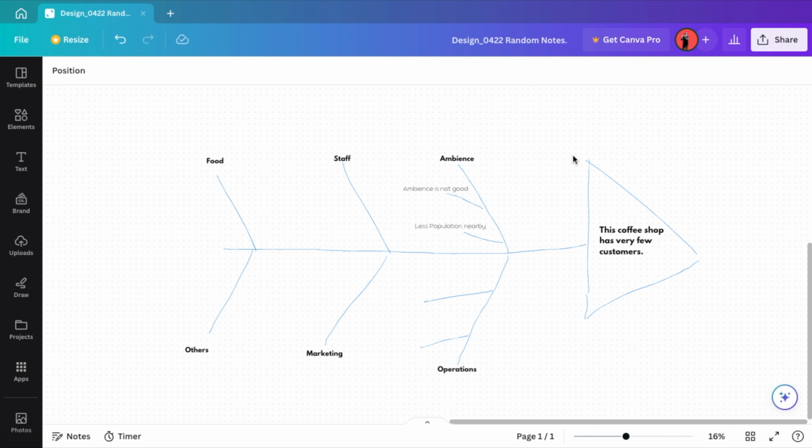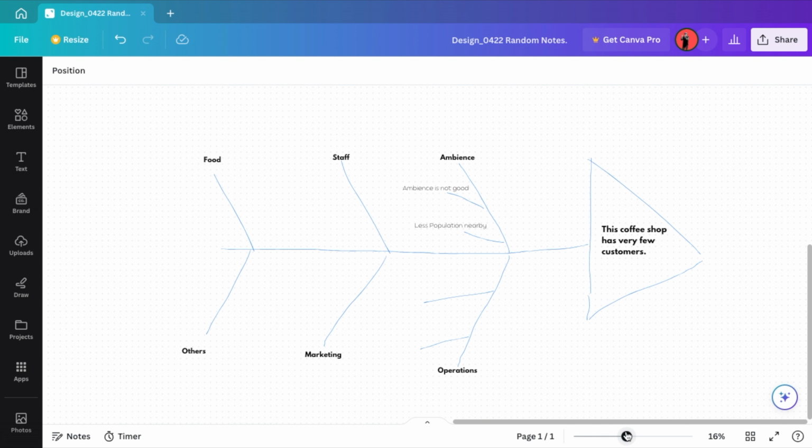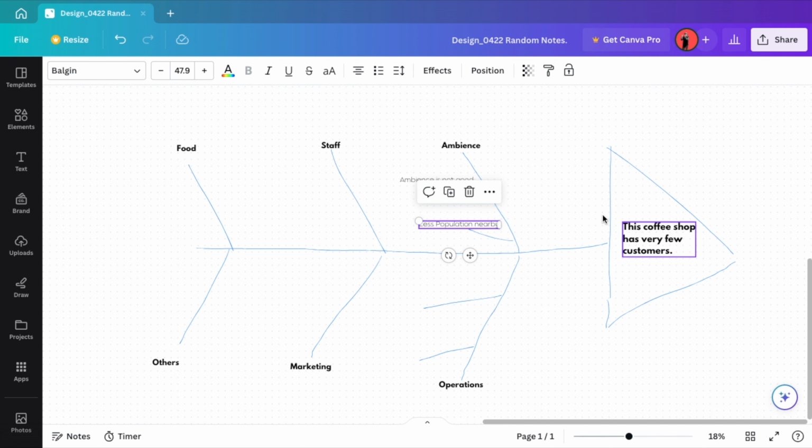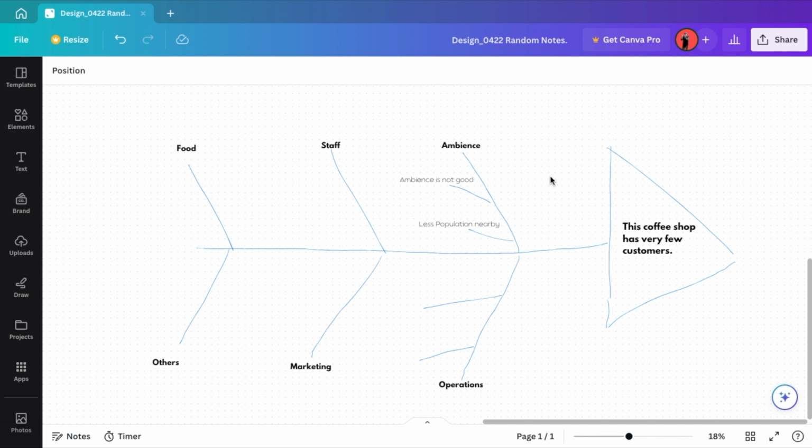That's again a problem related to the location of the restaurant, and there is very little population nearby, so they are not getting enough customers to the shop. That could be one reason why this has very few customers. Ambience is not good, less population nearby.